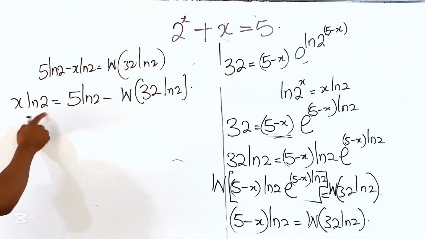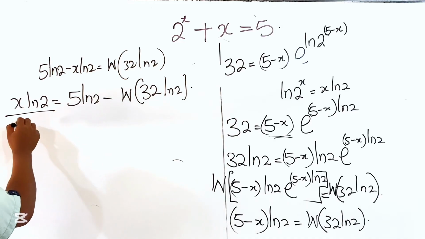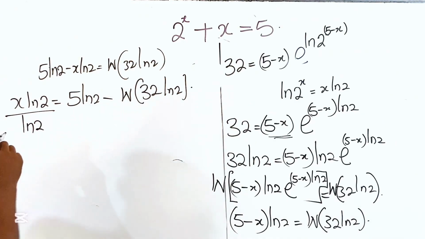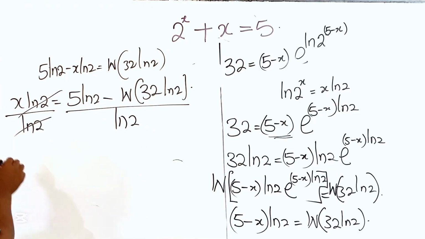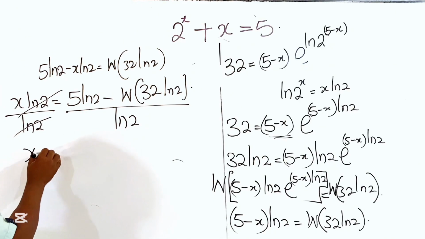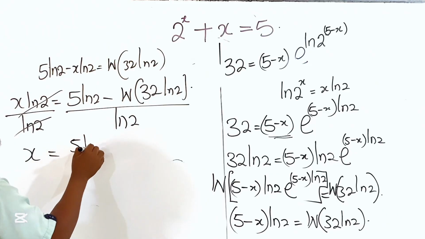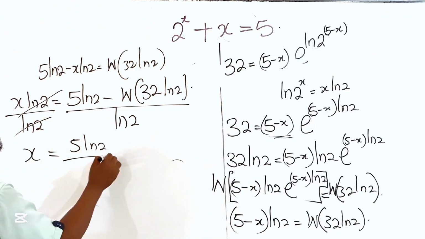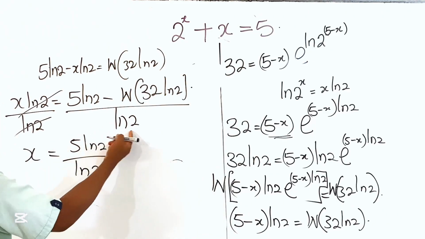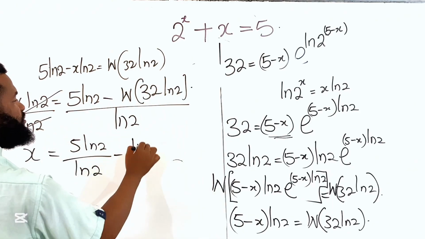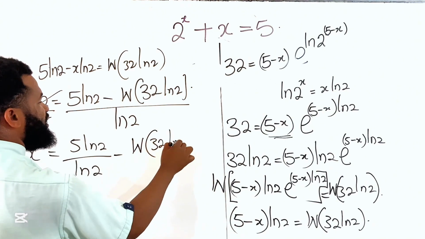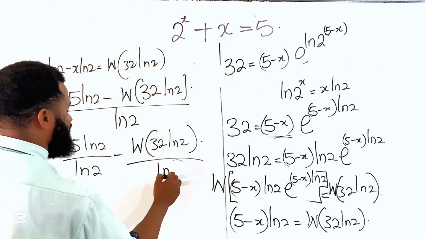So I will divide by ln 2 on both sides. So I will divide by ln 2, and this is going to divide by ln 2. So this cancels this. So I have that x is equal to 5 ln 2 divided by ln 2. So I'm taking this ln 2, breaking the fraction, minus W of 32 ln 2 all over ln 2.